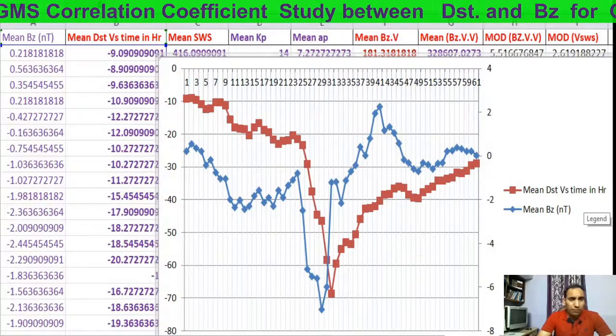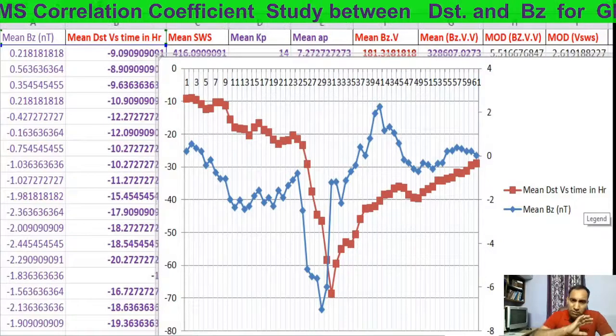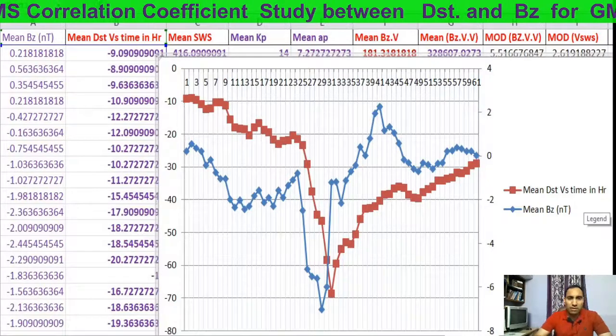Now here we are going to deal with what happens whenever any solar storm strikes the earth's magnetosphere.